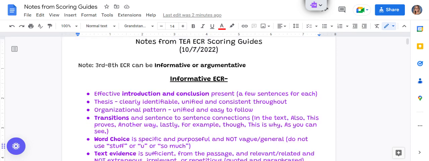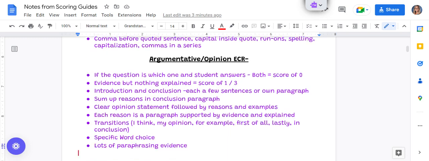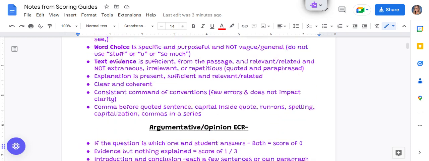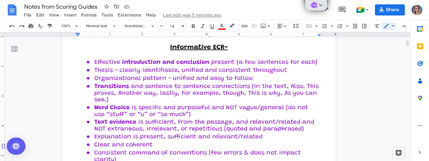So I took notes on the informative extended constructed response. And then I also took notes on the argumentative constructed response. The one for informational that was released was for sixth to eighth grade.